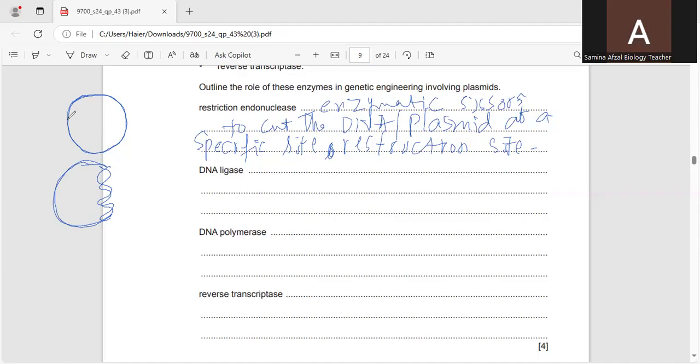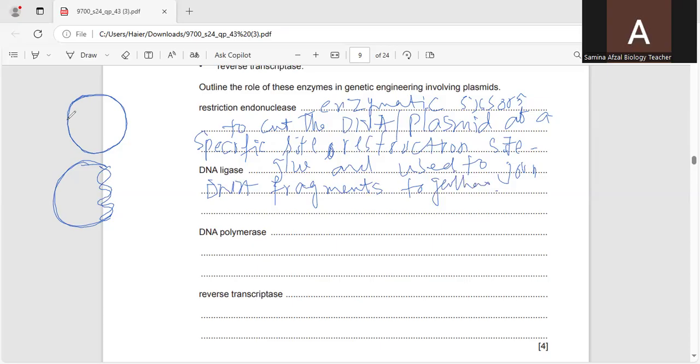So for this, DNA ligase will act as a glue. It is used to join DNA fragments together.